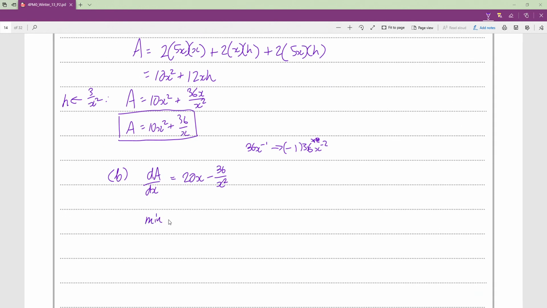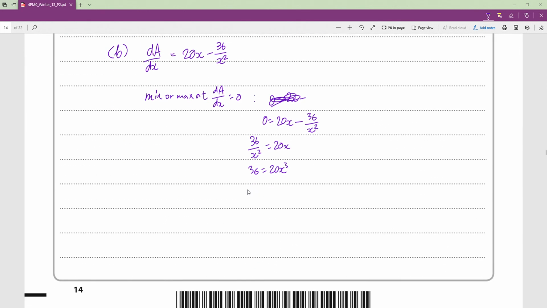So min or max at dA over dx is equal to 0. 0 is equal to 20x minus 36 over x squared. 36 over x squared is equal to 20x, or 36 is 20x cubed, multiplying both sides by x squared. 9 over 5, because we divided both sides by 20, and 36 over 20 simplifies to this. 9 over 5 is equal to x cubed, and x is equal to the cube root of 9 over 5.